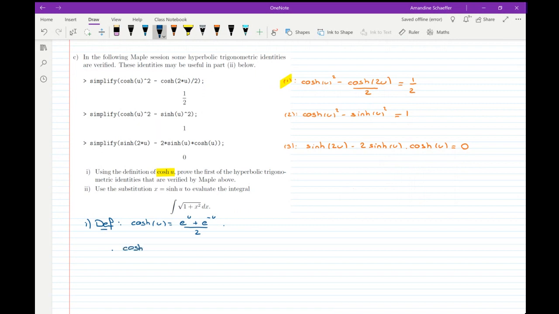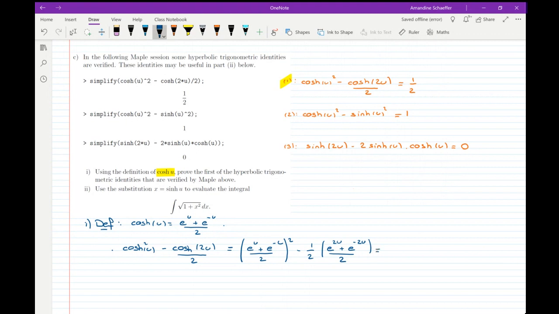So cosh square u, or cosh u squared, it's just a matter of notation, but it's the same thing, minus cosh 2u on 2 equals, well, I'm using the definition, so I have the square of cosh u, which is exponential u plus exponential minus u on 2, squared, minus 1/2 of cosh 2u, so that's now exponential 2u plus exponential minus 2u, and still on 2. Don't forget it.